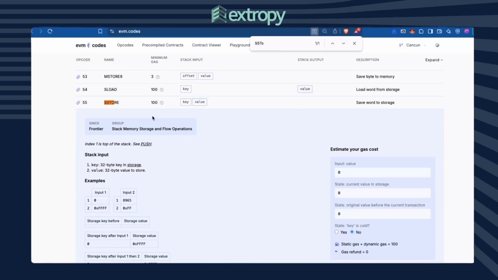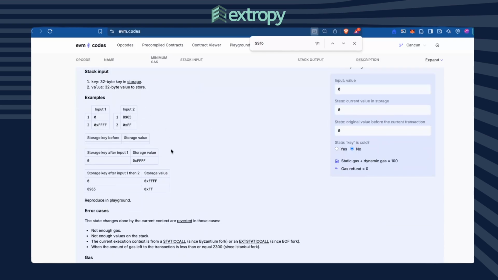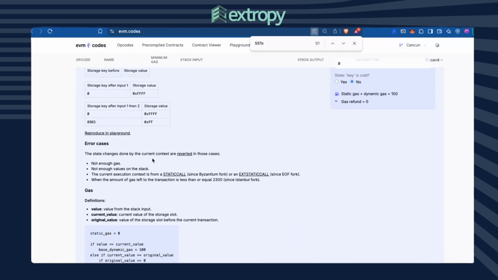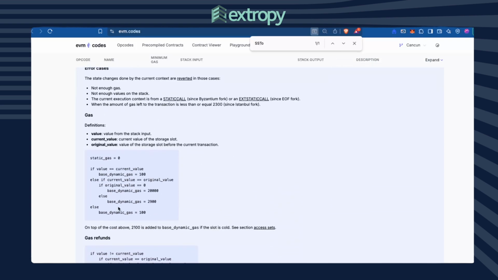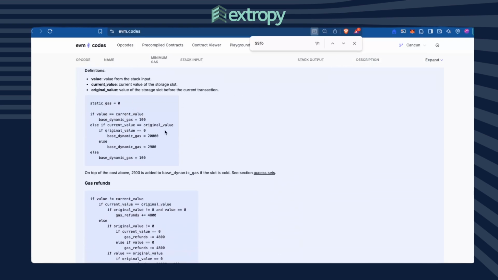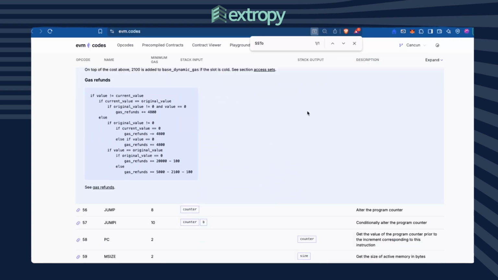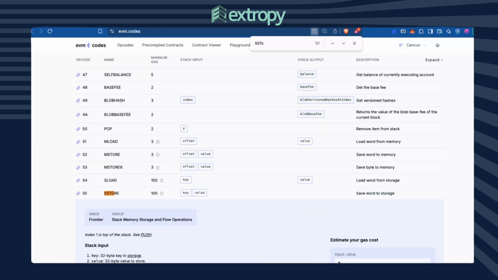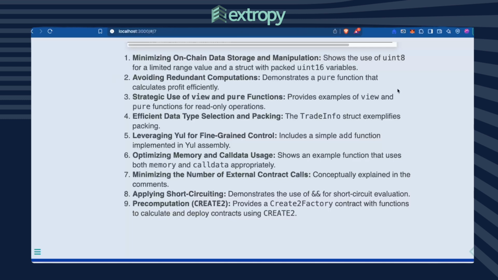It's saying 100 here, but that's just the starting value. There are details here of how much it could work out to be. So reducing the amount that you're storing on chain is going to be a good idea.